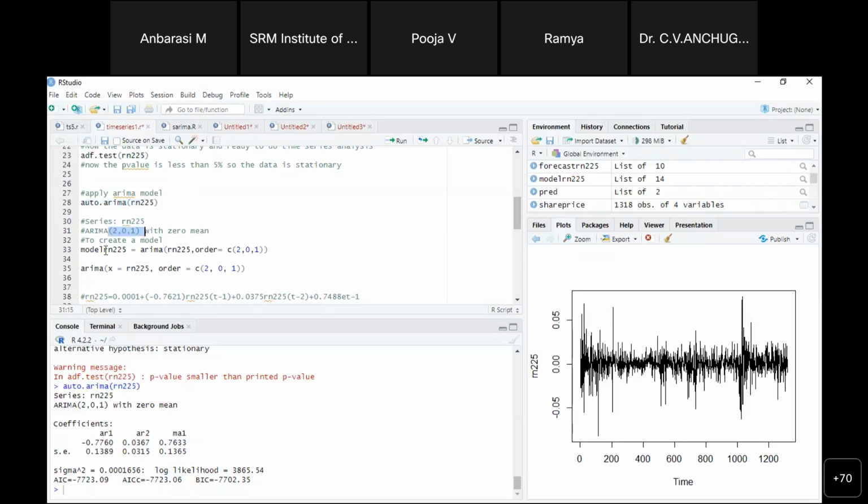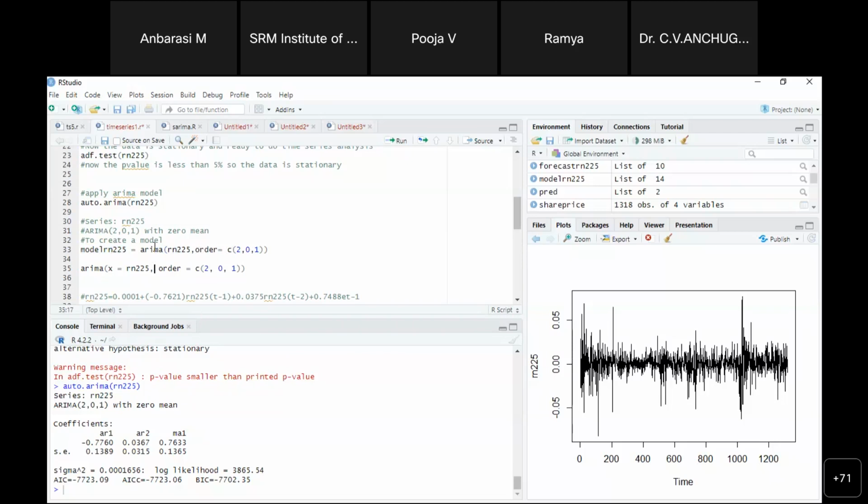After that, the same parameters, whatever results we got using the auto.arima function, we are going to apply in the ARIMA model. So with the data set in vector format, order equal to c(2, 0, 1), I'm going to create a model.